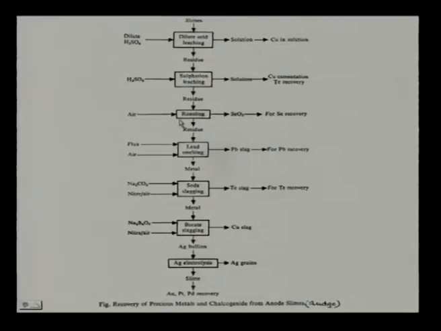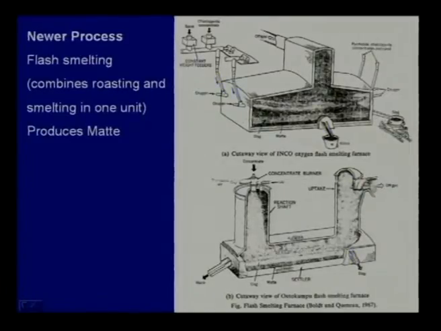But now, there have been developments. Remember, once we had talked about flash roasting, flash smelting, etc. When roasting is done in a hearth roaster, where there are rotating platforms and the calcine is going from one bed to another bed to another bed, so that things are exposed to the oxidizing atmosphere, people found that maximum oxidation takes place during flight, not when the particles are sitting on a rotating platform.